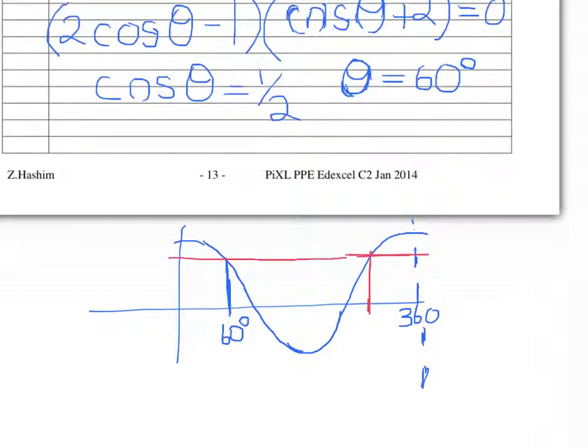Because of the symmetry of the cosine graph, whatever this distance is will be the same as the distance here. So I'm going to do 360 take away 60, which gives me 300 for that value. So my other solution, which I must write down, is 300 degrees. And that's it.